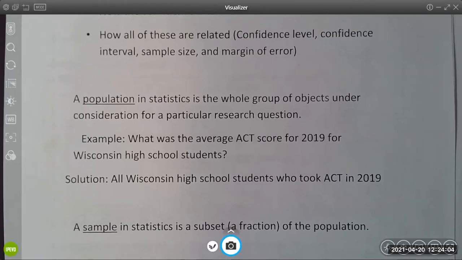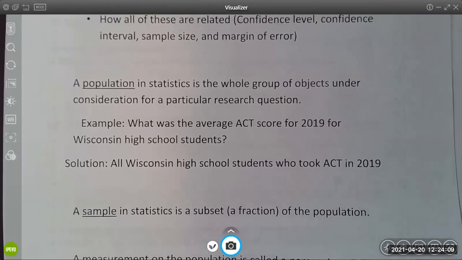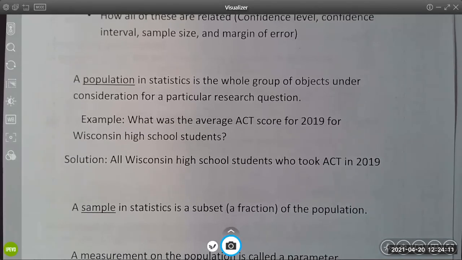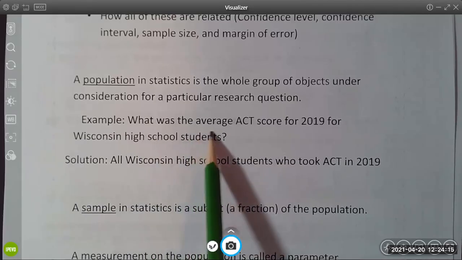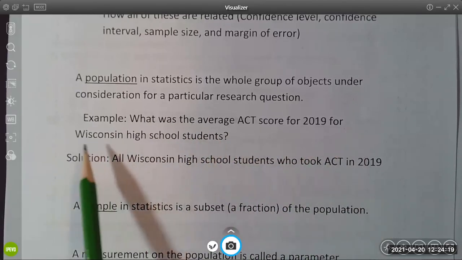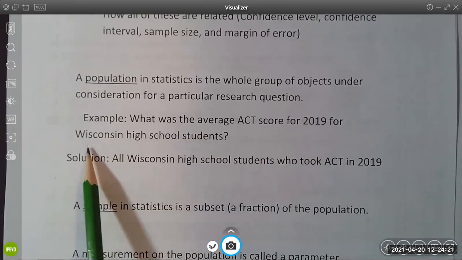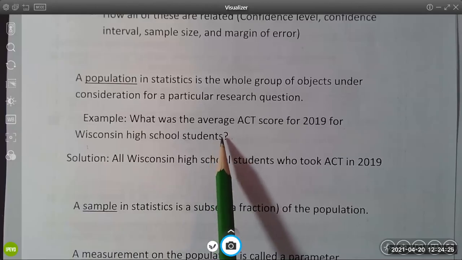Now let's look at this example here. What was the average ACT score for 2019 for Wisconsin high school students? This is about what a population is.